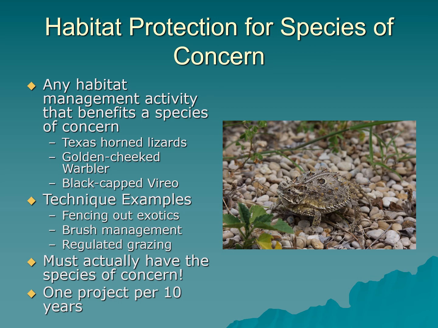And you must have this species of concern on your property. And these practices are typically strictly geared to managing that species. So a lot of times you're working with a state agency already and implementing these practices already, but you can get credit for that on the tax plan if you're doing these practices. And this is also a 10-year practice.